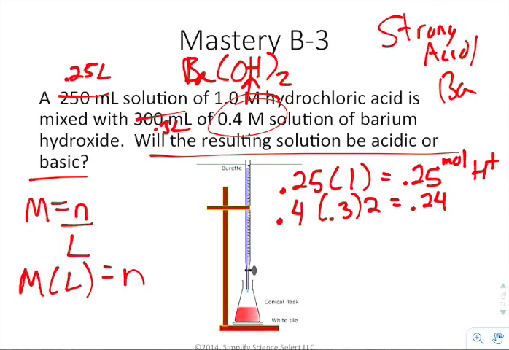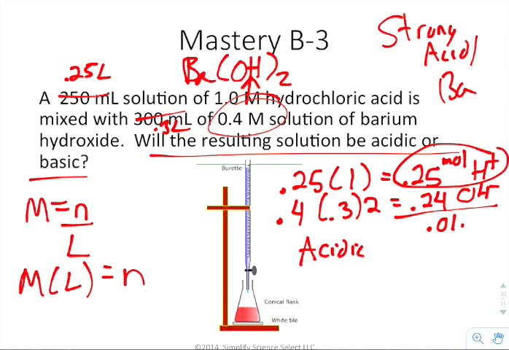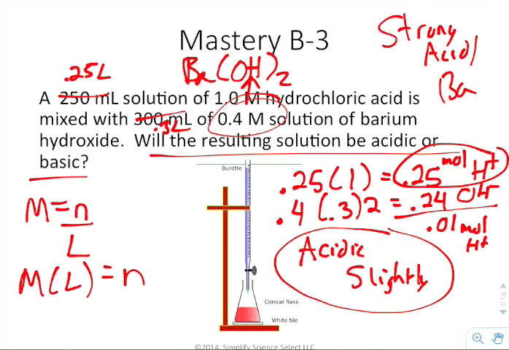So whenever you do that, which one is more? You have more OH minuses or more H pluses, and if you were to look at it, you would still have more H pluses present. So this solution would be considered to be acidic, but because it only has 0.01 mole more, it is only going to be very, very slightly acidic. So the pH is going to be very, very close to neutral.